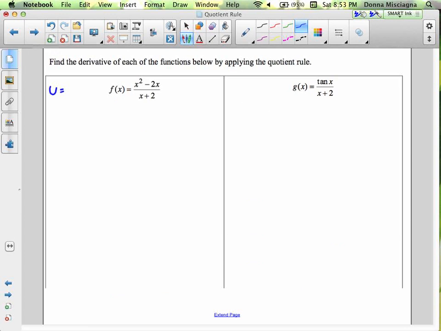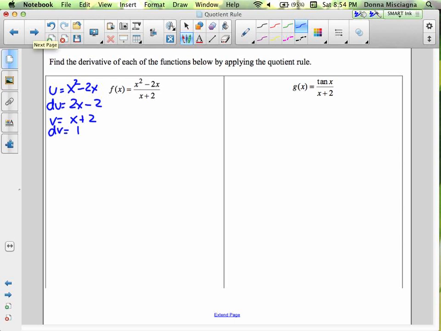All right, but we need u, v, du, and dv. So u is x squared minus 2x. The derivative would be 2x minus 2. V is x plus 2. Derivative is just 1.